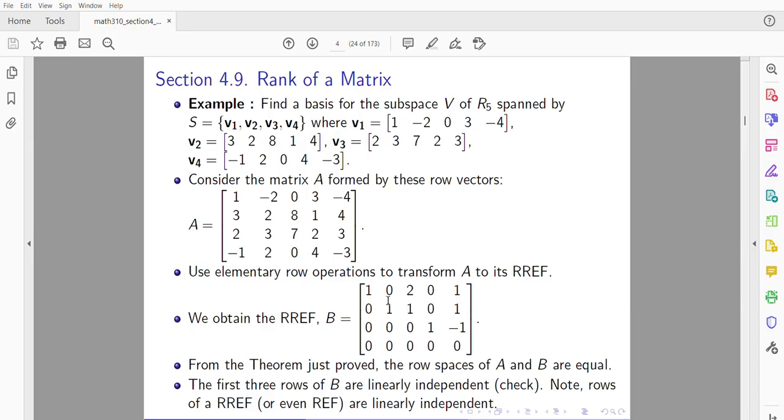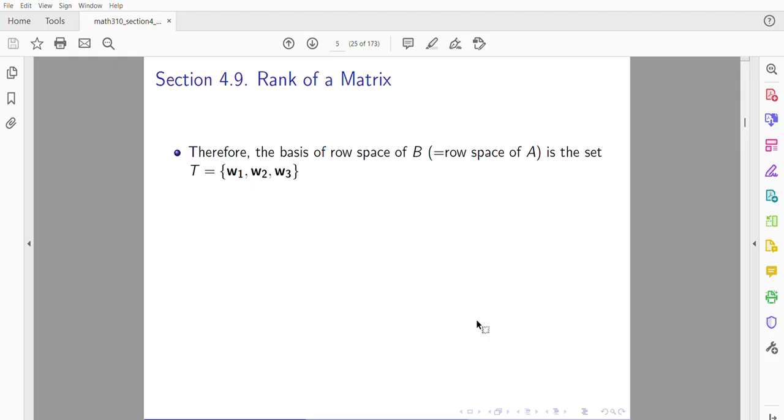You can check. These 3 are linearly independent, and therefore the rows of the reduced row echelon form are linearly independent. Rows, not all rows, non-zero rows, which means the basis of the row space of B is the set W1, W2, W3, where W1 is this, W2 is this, W3 is this.